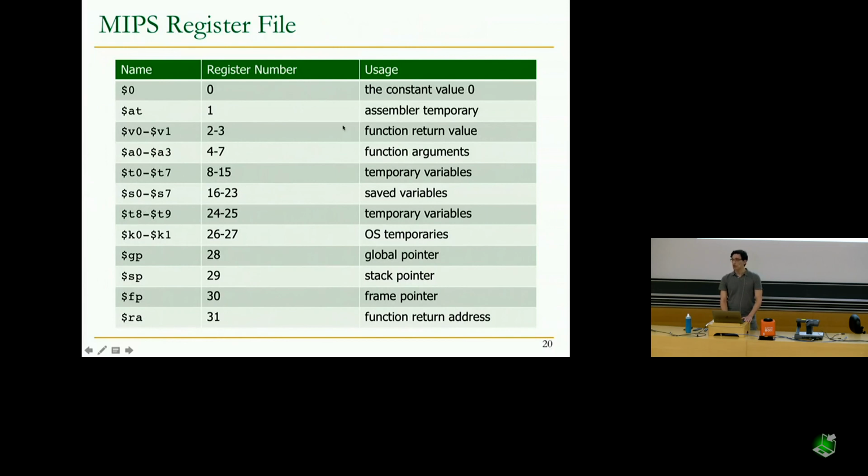But there are also some other registers that have a more specific purpose. For example, register 0 is a constant value 0. We cannot modify it. And there are also registers like A0 to A3 or V0 to V1 that are used for functions.